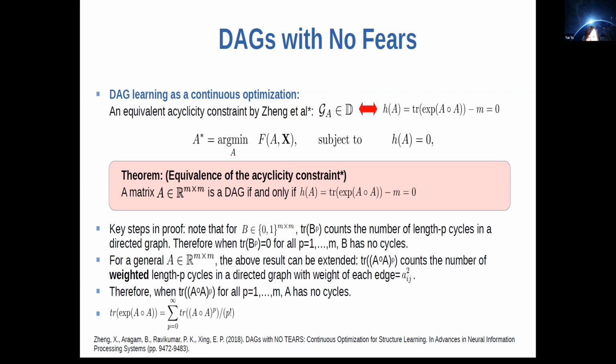But this time, the trace of A to the power p is no longer the number of length-p cycles. It becomes weighted length-p cycles. That means it will be the summation of each cycle multiplied by the weights, where the weights are identified by the edge values.